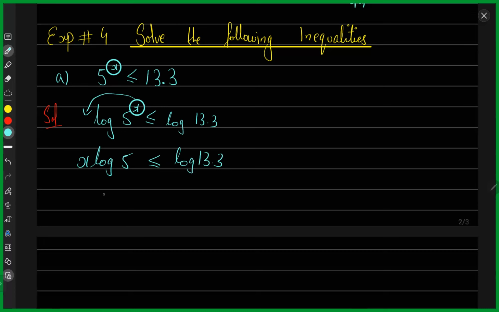And I am going to get x ≤ log 13.3 divided by log 5, so x ≤ 1.608. Now, certainly I did not calculate this orally by cancelling out something. No, I had to use a calculator for this one. We are not that good with decimal numbers, so it's completely fine. Some of the questions would certainly be solved using calculators.